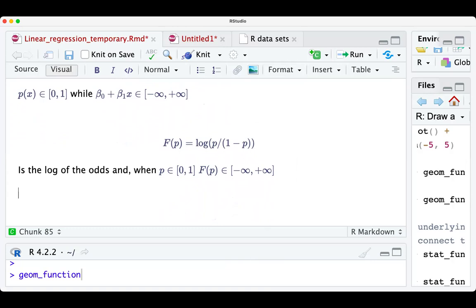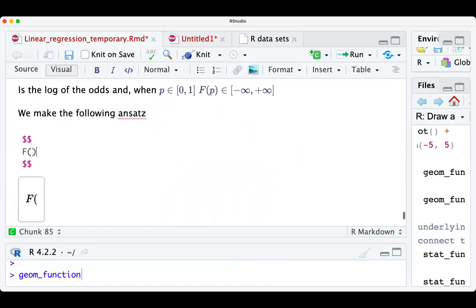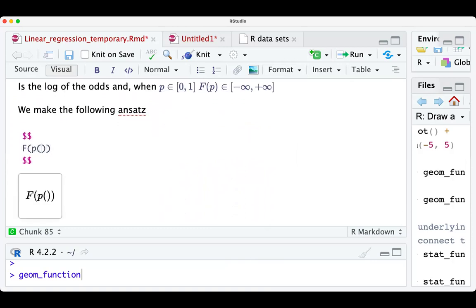So we make the following assumption, which is f of p of x is equal to beta 0 plus beta 1 x.